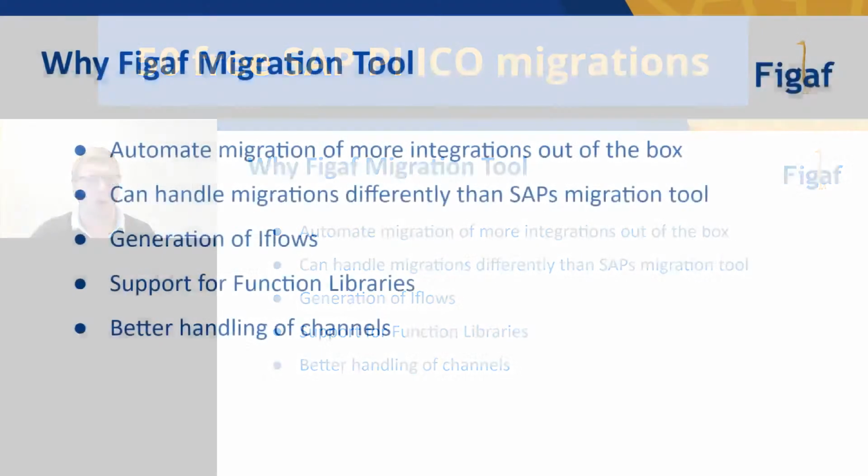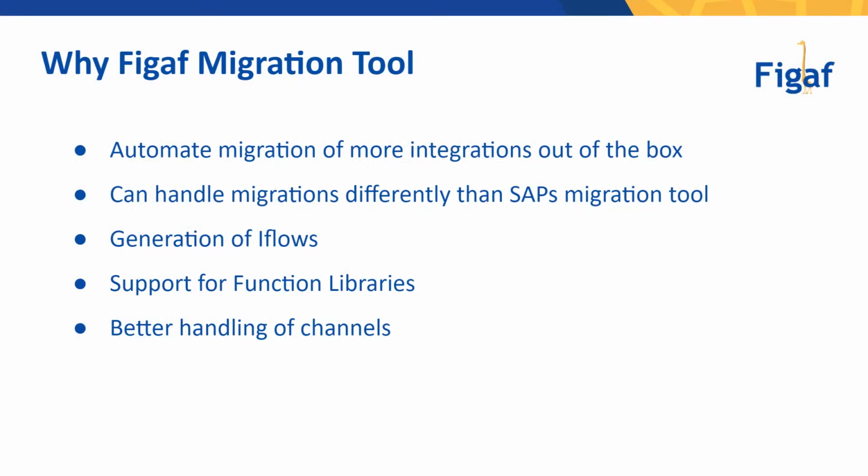And this is a little about why it makes sense. One of the things that we have is we support more migrations than the SAP tool does, making it possible, for instance, to have multiple receivers, ICOs, and receiver determinations. We generate the iFlows based on the ICO, so all the routings, etc., will be handled with it.